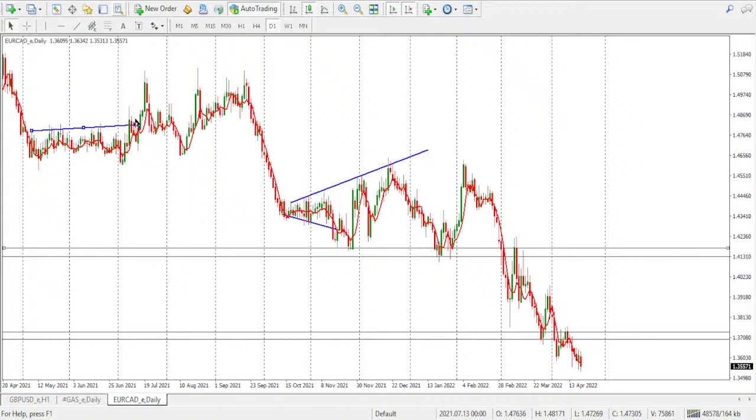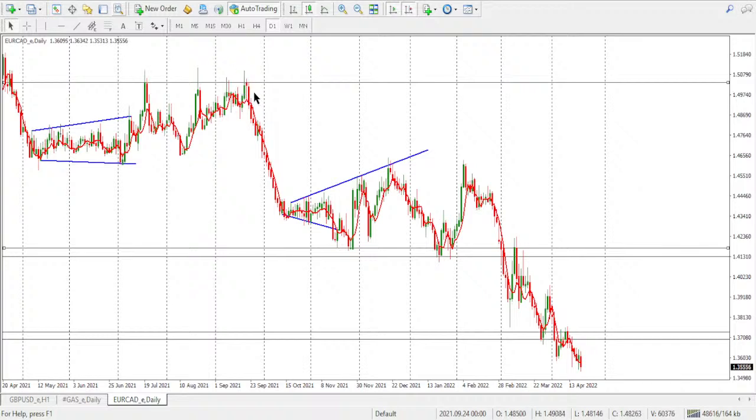So this doesn't look very good, but it is still a trend line. Then we have that there, and another one here. So this is like a resistance. We have a resistance here, a resistance, and a resistance here. So this here was a good place to look for a sell from.